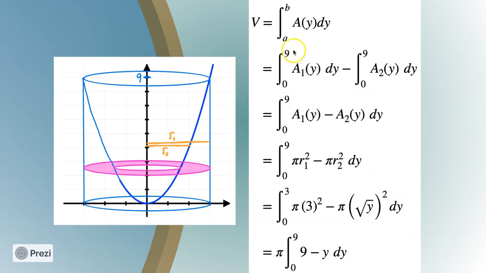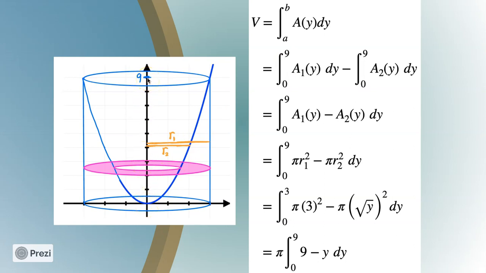Alright, so we are integrating in terms of y, dy. We need to figure out from where to where we are going. And notice that this time it's different. We are not integrating from 0 to 3, because it used to be we integrate from x equals 0 to x equals 3. But now that we integrate in terms of y, we are actually going from y equals 0 all the way to y equals 9.